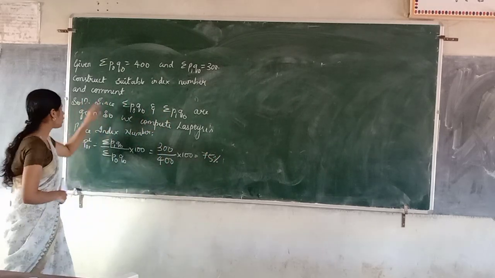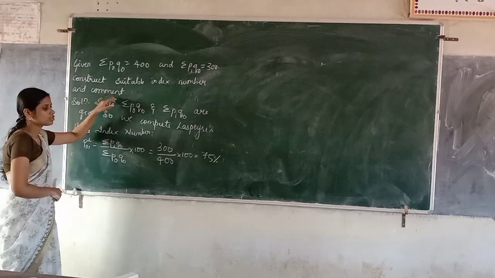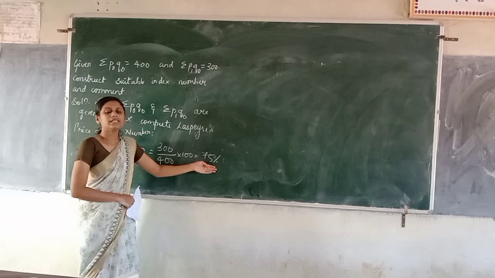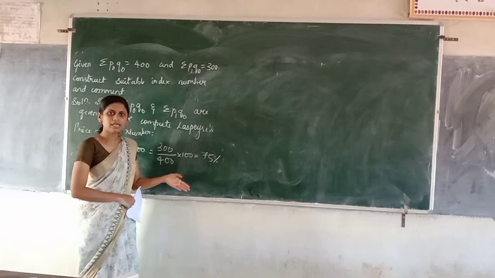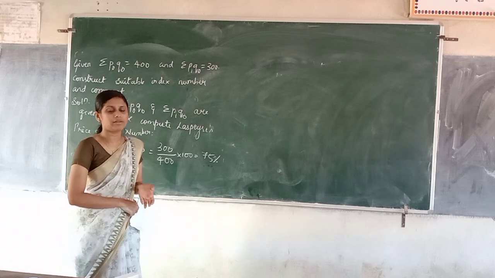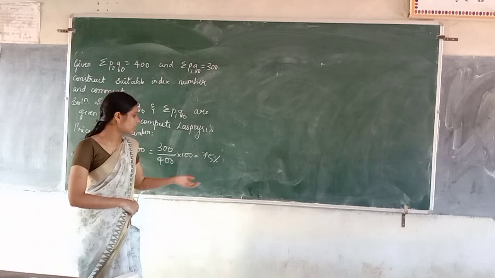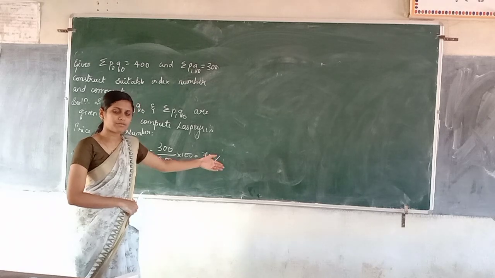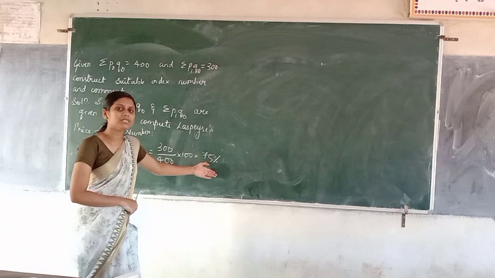Now you are also asked to comment on the result. So here you are going to see the result. The price index number is 75. Whether it is more than 100 or less than 100, it is less than 100. That means there is a decrease in price level. So how many percent decrease is there? From 100 it is 25% less. 75 means from 100 it is 25% less.